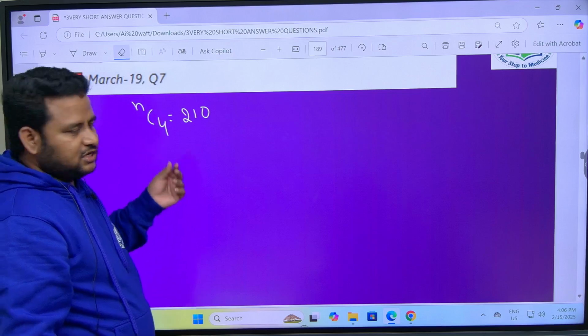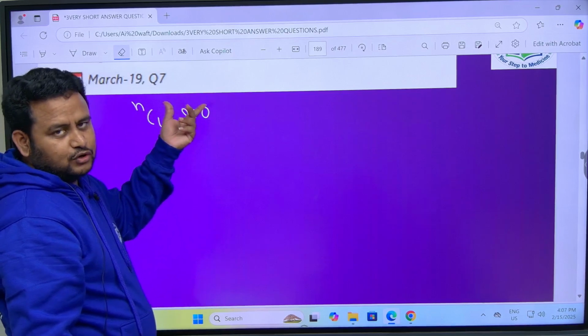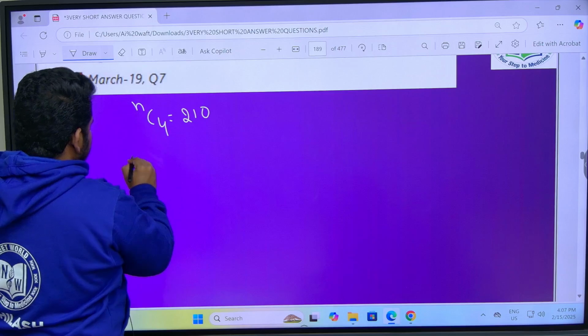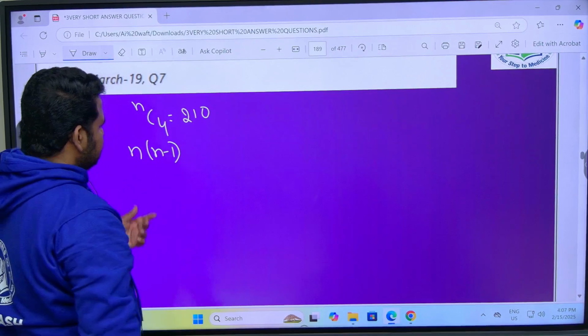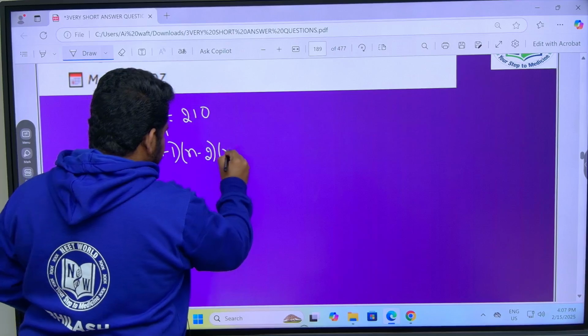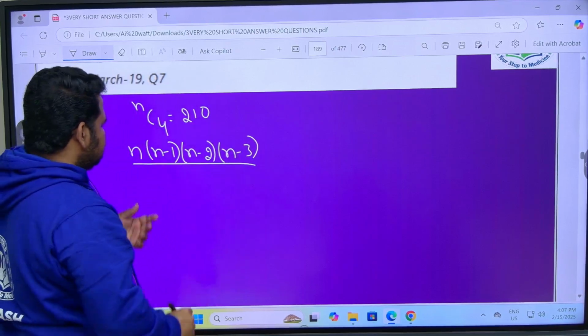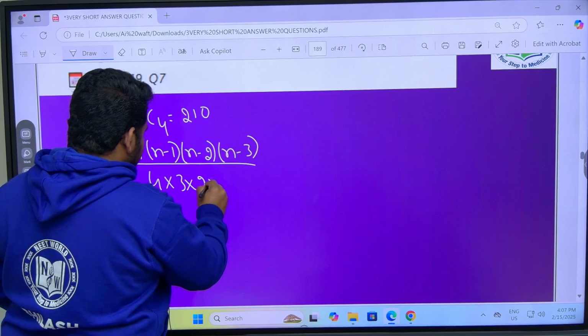If it is nC4, then in the numerator I have to multiply 4 times, that is n into n minus 1 into n minus 2 into n minus 3, divided by 4 factorial, right? So this will be 4 into 3 into 2 into 1.